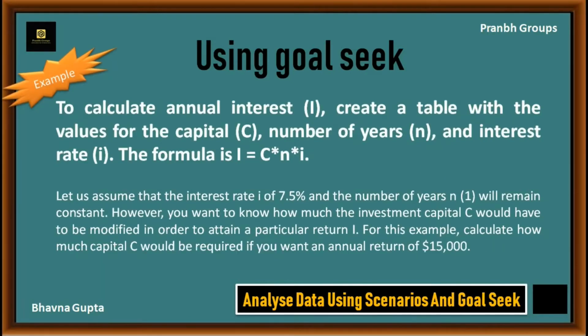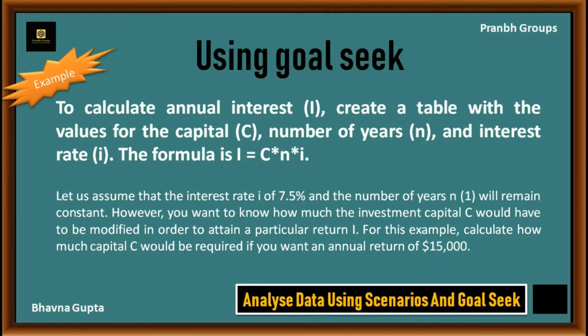Let's solve the example. To calculate annual interest, I create a table with the value of the capital C, number of years n, and interest rate i. The formula is I equals C into n into i. Let's assume that the interest rate i of 7.5% and the number of years n, 1, will remain constant.